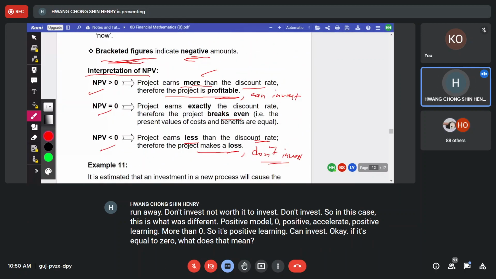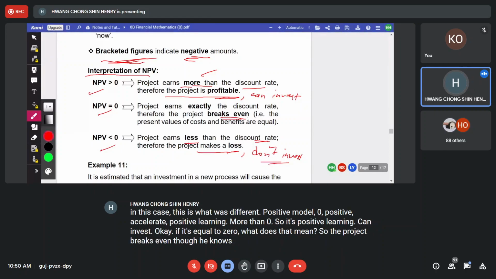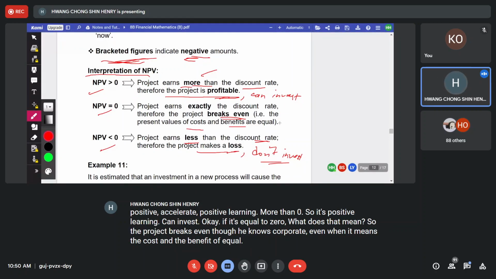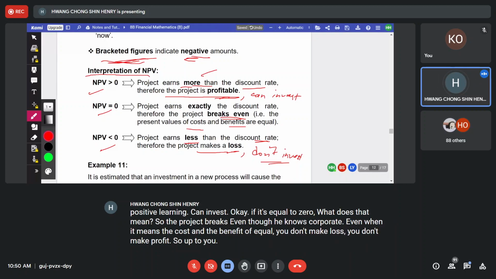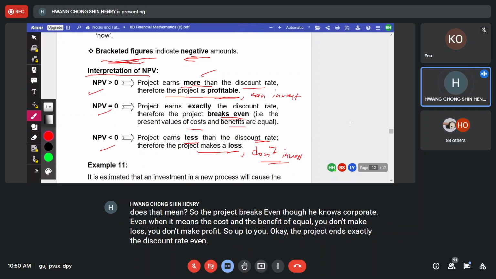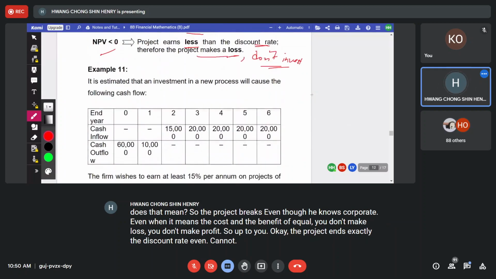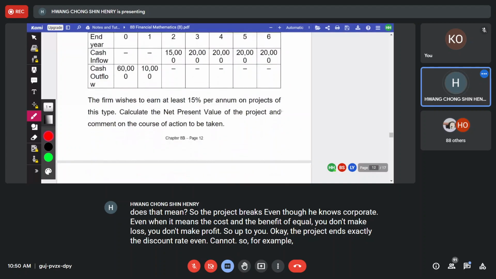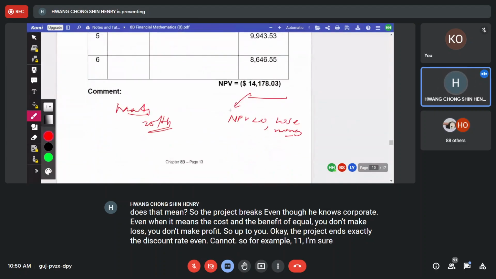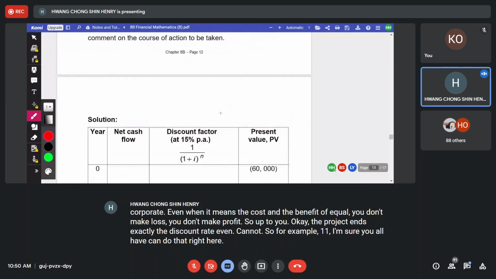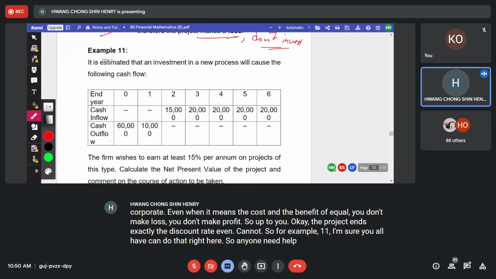The project breaks even. You know what break even is, right? Break even means the cost and the benefit are equal. You don't make a loss, you don't make a profit, so it's up to you. The project earns exactly the discount rate. Break even. So for example 11, I'm sure you all can do that, right? Anyone need help? For example 11.